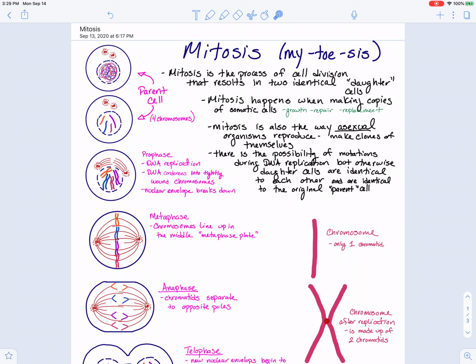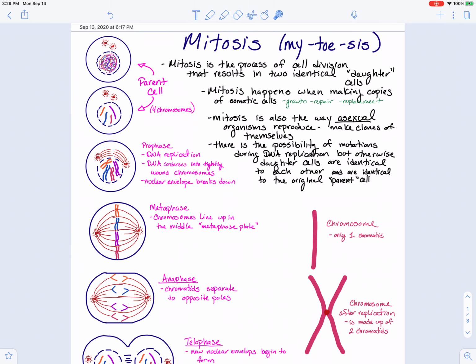And so they're able to make new organisms, but those new organisms are basically clones of the originals because they're just genetically identical to them. During mitosis, there is the possibility of mutations when DNA is being copied, but otherwise our expectation is that the daughter cells are identical to one another and that they are identical to the original parent cell.